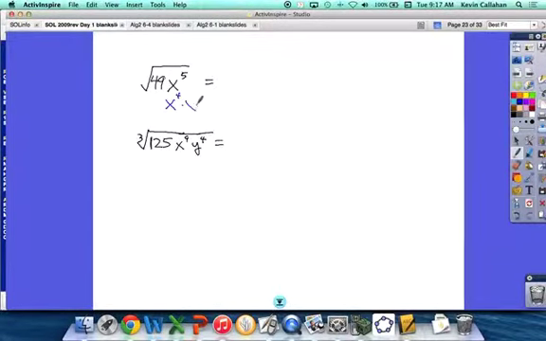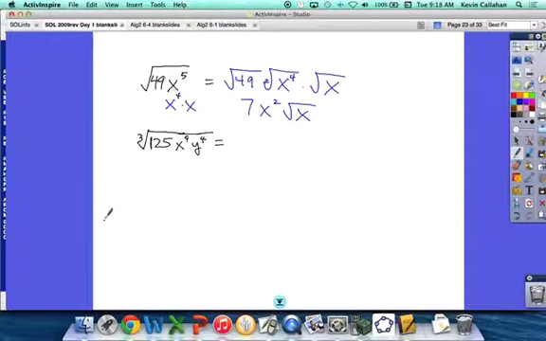X to the fourth times x, because I can simplify an x to the fourth, and that'll only leave one x inside. That's good. So this is how I'm going to rewrite this: the square root of 49 times the square root of x to the fourth times the square root of x. The square root of 49 is 7, we assume positive. The square root of x to the fourth, how many x's come out? 2. You divide 4 by 2, and you get x squared. And then the square root of x can't simplify.